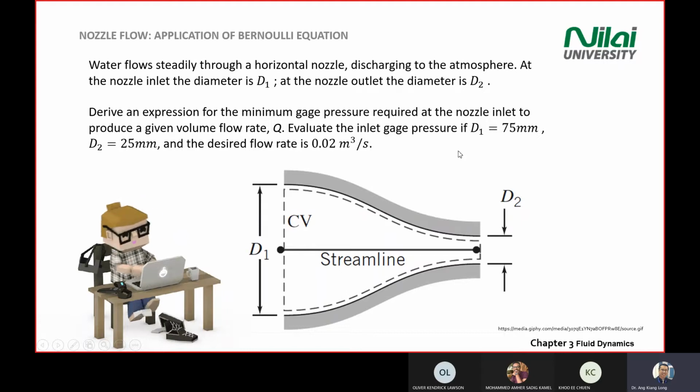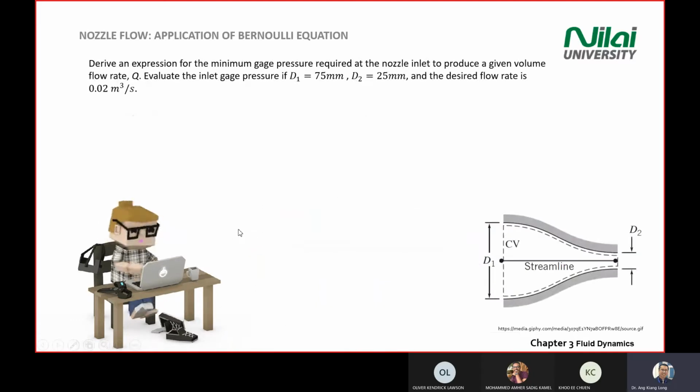Then evaluate the inlet gauge pressure if D1 and D2 are given in mm. In calculation later on, remember to change to SI units all the time. Okay, let's start solving.